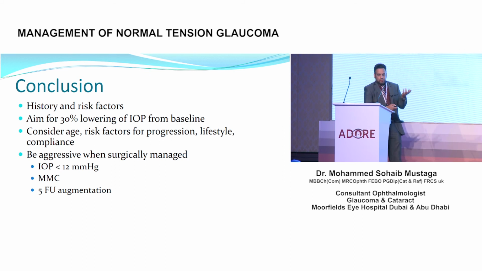Of course, if their visual field defect is very close to fixation, you need to be more aggressive. You need to consider their age, their lifestyle, whether they're compliant with medication. And of course, if they need to be managed surgically, you need to be aggressive. You need to aim for a very low IOP. Always consider using mitomycin or 5-FU augmentation to get their pressure as low as you possibly can.